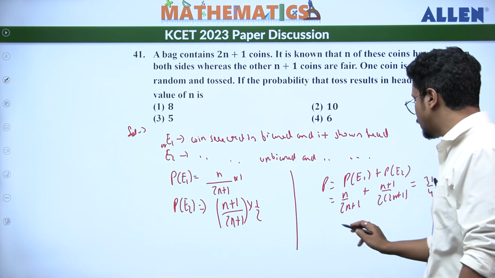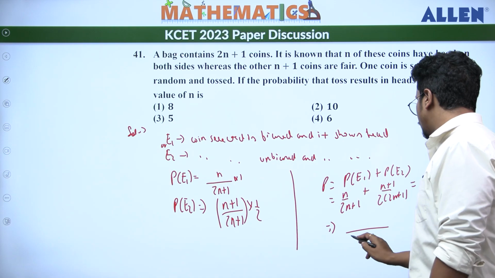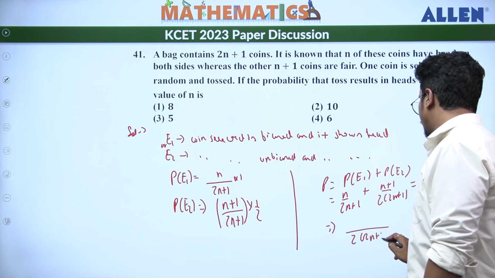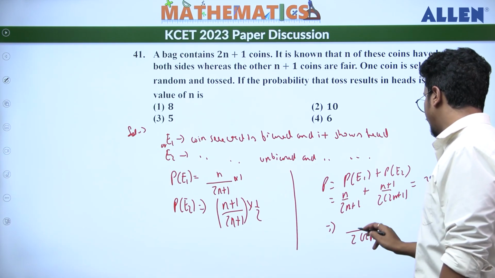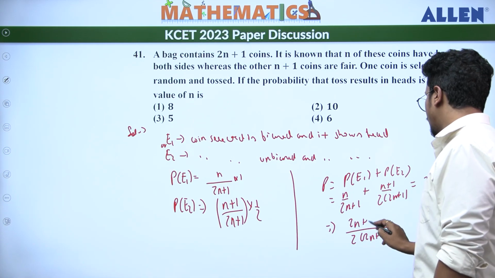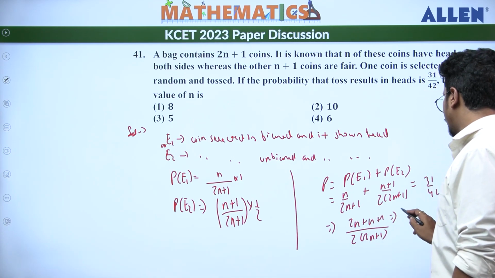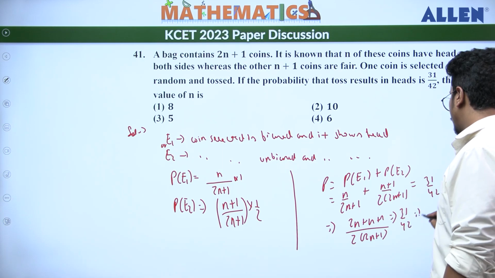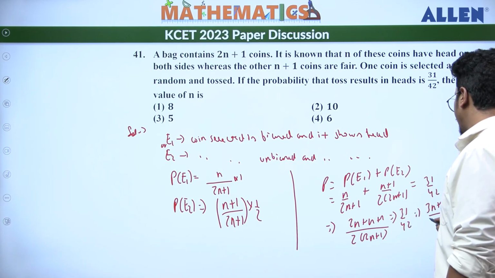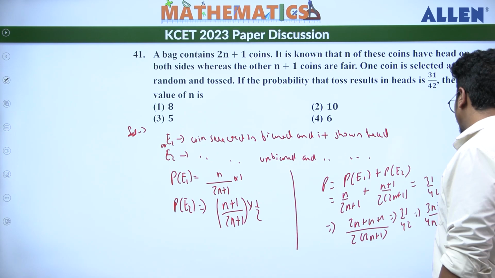Now when you simplify this, what will you get? 2 times 2n plus 1 will come in the denominator, and in the numerator you will get 2n plus n plus 1, so 3n plus 1 over 4n plus 2, which is equal to 31 by 42.